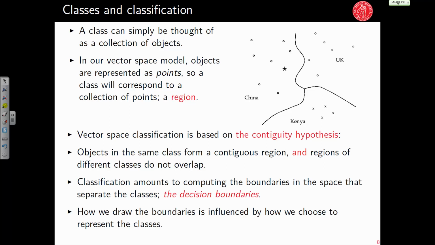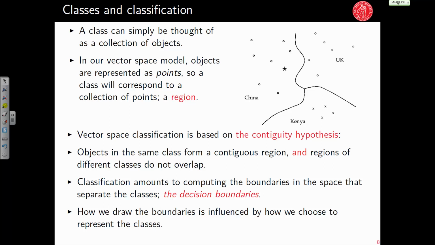Given this representation and this contiguity hypothesis, classification amounts to computing the boundaries between the different classes. This line here that separates UK and Kenya from China is called the decision boundary. Why is it called a decision boundary?